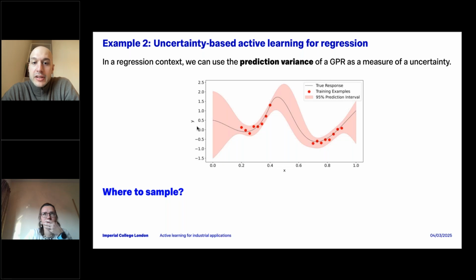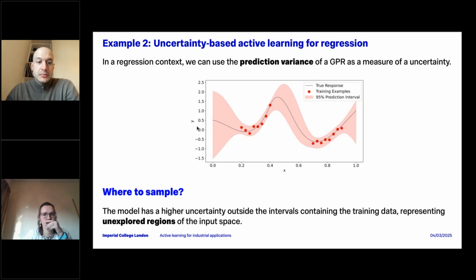If we wanted to collect new observations using an active learning strategy like uncertainty-based, we would do that where the prediction variance is the highest. This coincides with the area where the training examples have not been collected, so we are being encouraged to explore new areas of the input space.